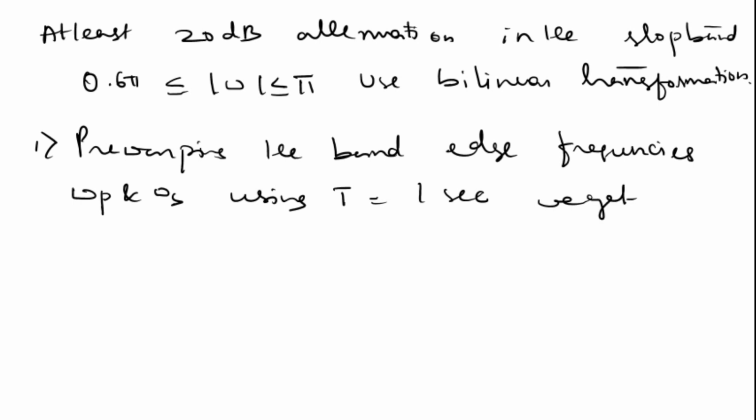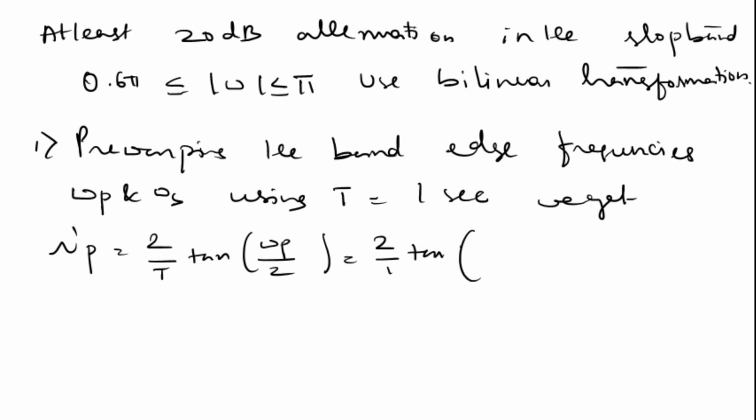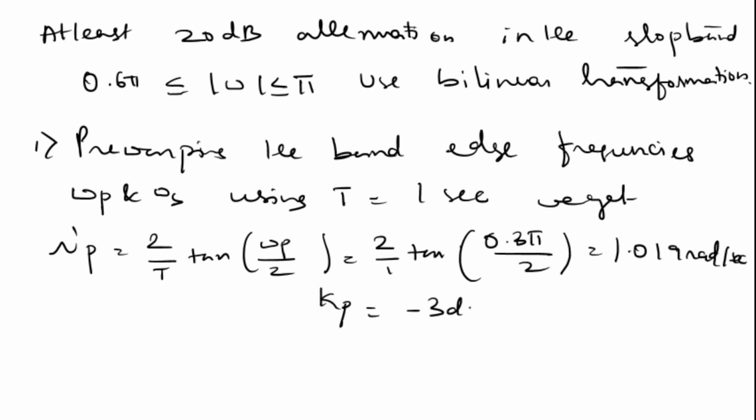We get ohm dash p is equal to 2 by T tan of omega p by 2, which is equal to 2 by 1 tan of 0.3 pi by 2, which is equal to 1.019 radian per second, for Kp is equal to minus 3 decibels.